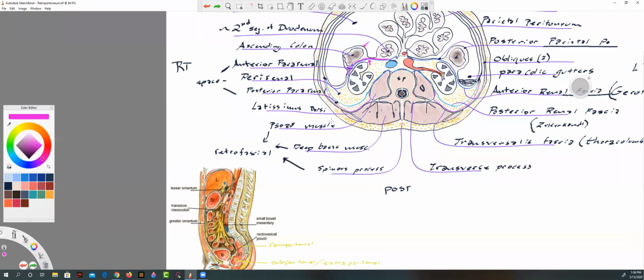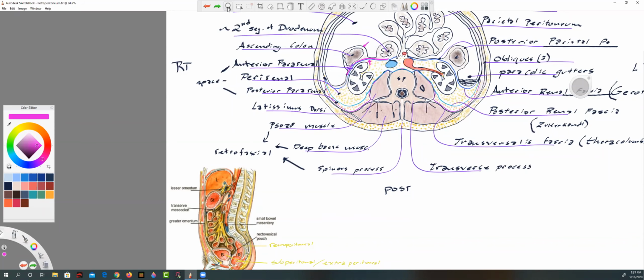And then the posterior pararenal space, the only thing in there is fat. So generally, not much happens there. And I already mentioned the retrofascial space.